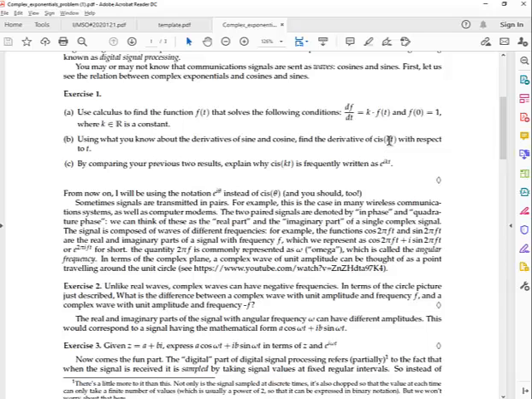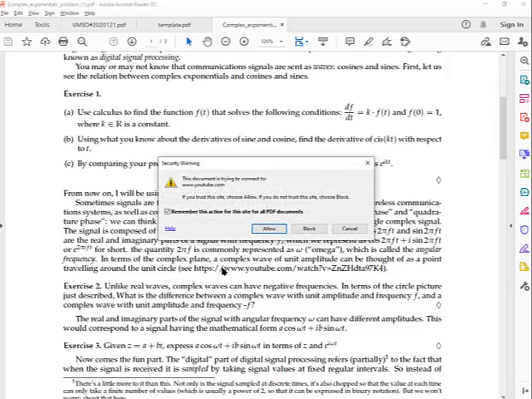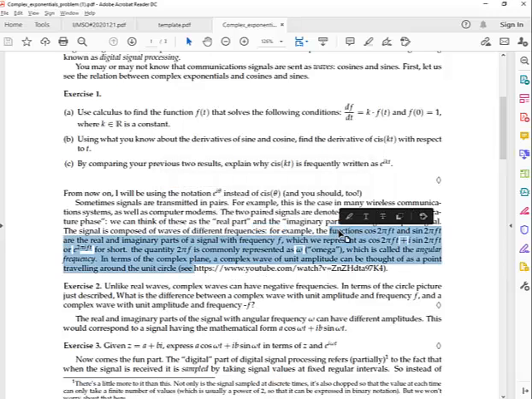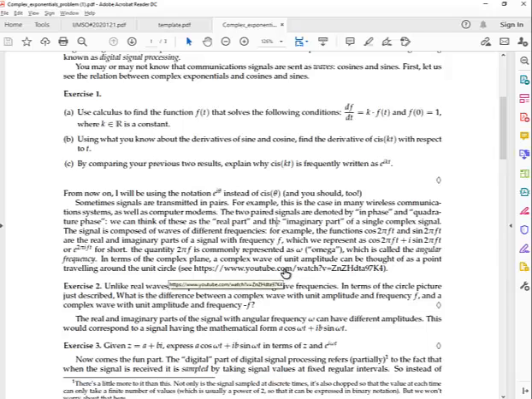And you can think of that as the x and y part of a circular motion. So I have included a link to a video that shows how cosine and sine give you the horizontal and vertical components of a circular motion.